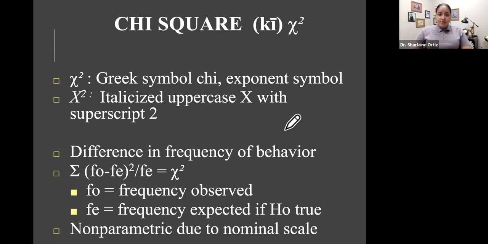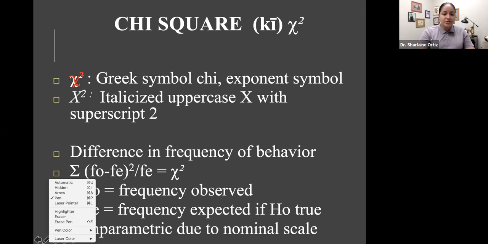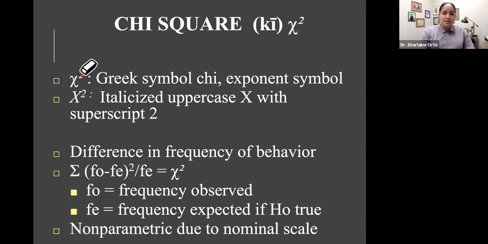Now, as I mentioned, I wanted to cover a little bit more in detail the symbol of the chi-square. The chi-square involves the symbol chi, which is a Greek symbol, and it has the exponent 2. Sometimes it's a little difficult to put these symbols in your text.